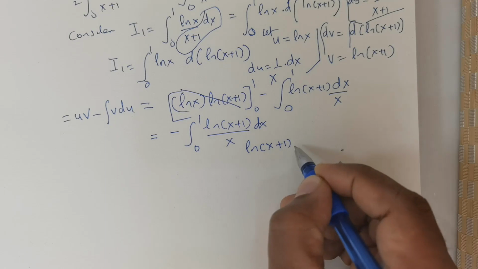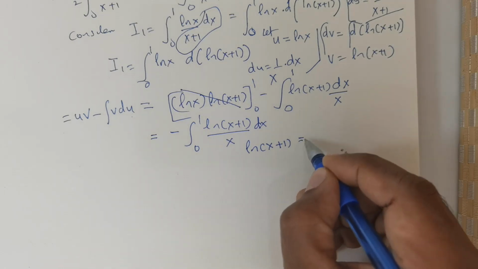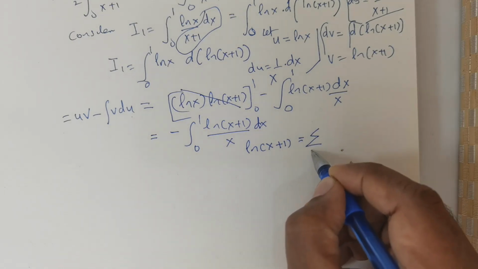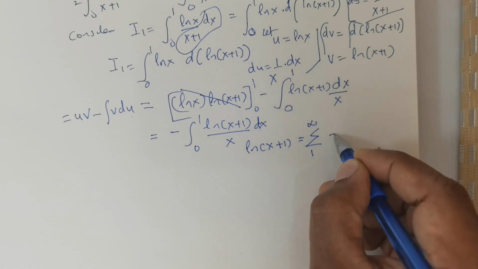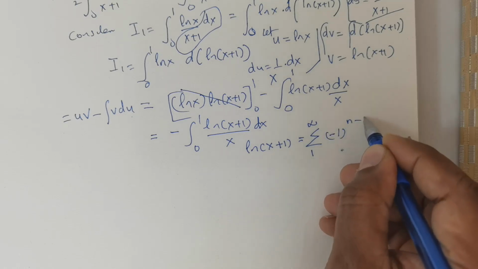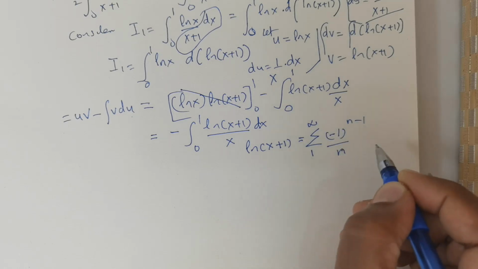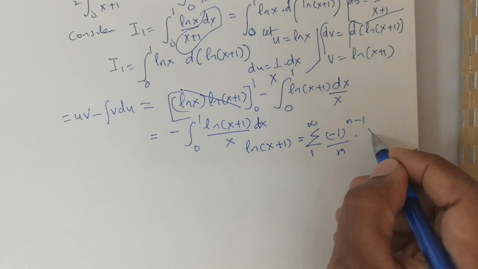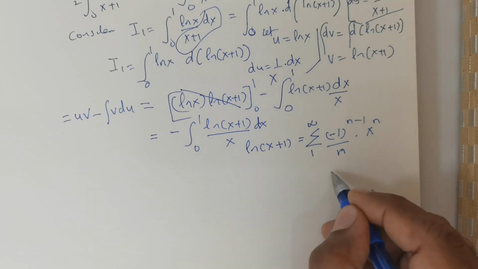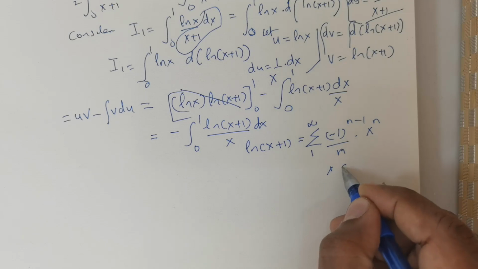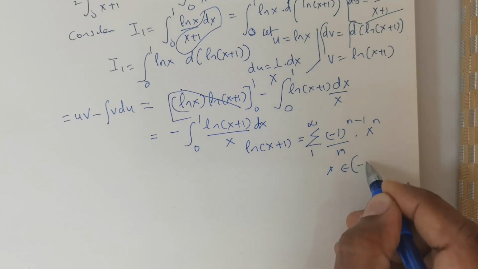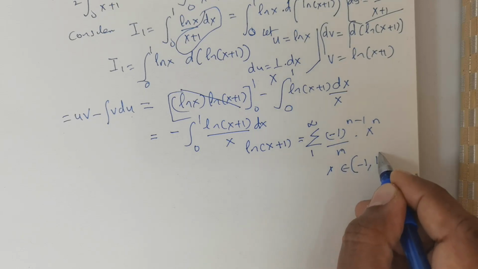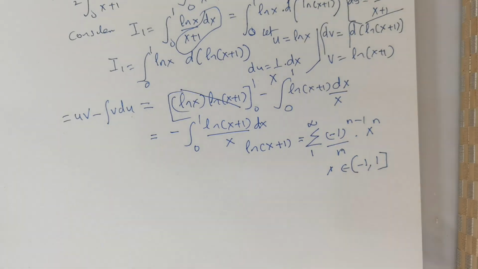Now for integrating this, I would like to use the Maclaurin's representation for ln of (x + 1). Now ln of (x + 1) is equal to sigma n is equal to 1 to infinity (-1) raised to the power of n - 1 divided by n times x raised to the power of n, where x is defined for the interval (-1, 1].